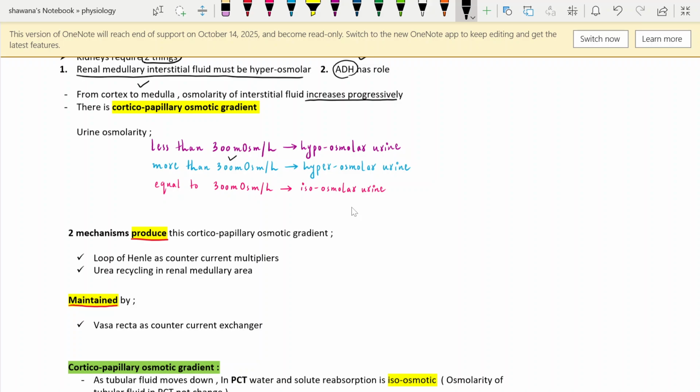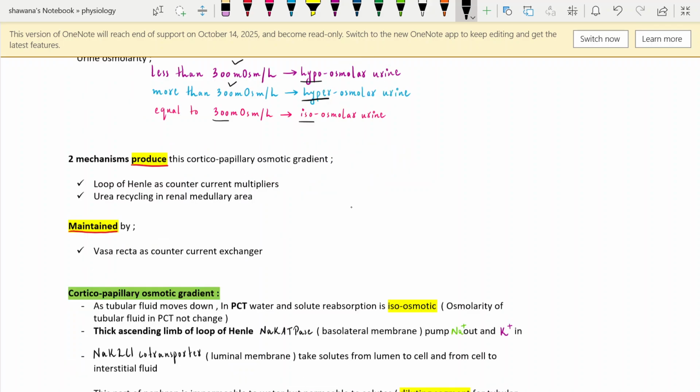We have discussed that the cortico-papillary osmotic gradient is important, but how is it produced? We require two things. First of all, we require the loop of Henle as countercurrent multipliers, and second is urea recycling in the renal medullary area.